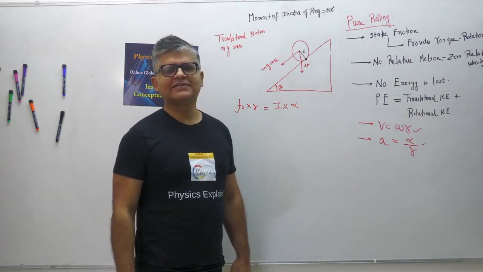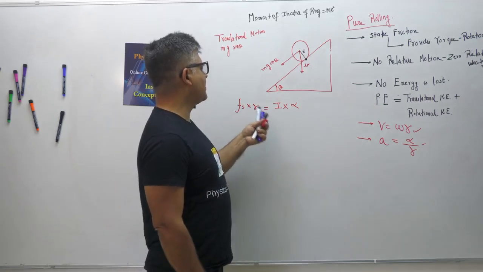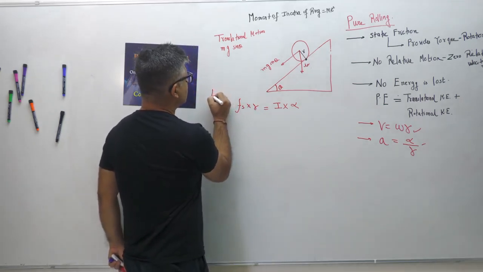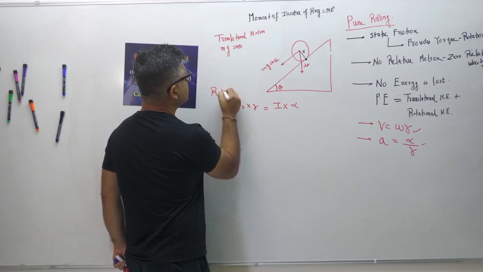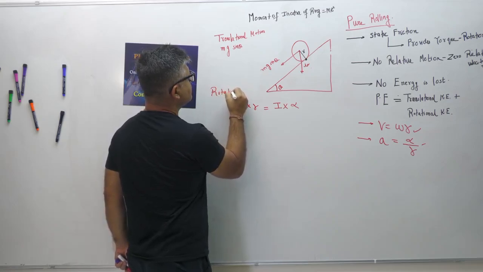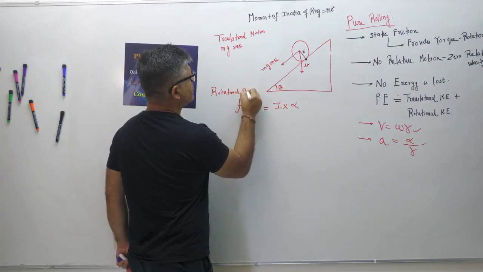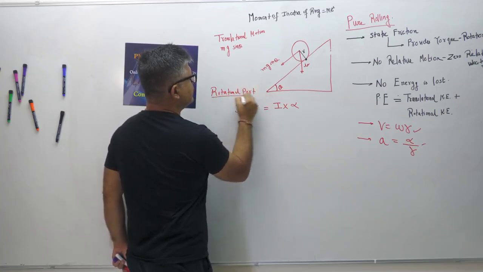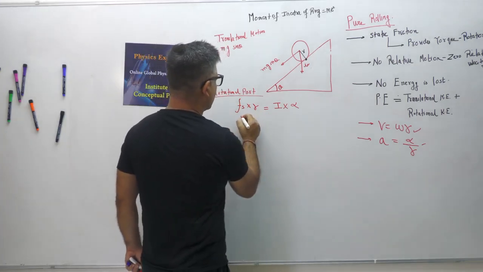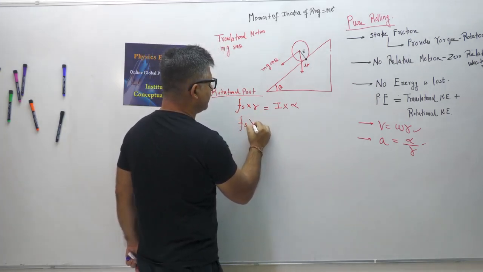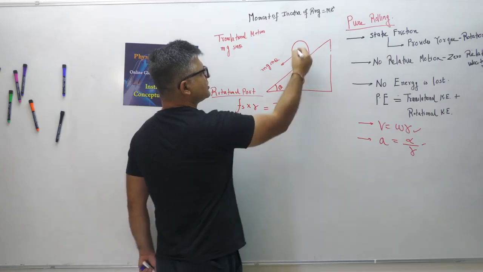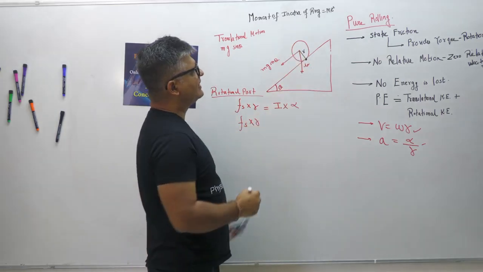I hope this makes sense, right? Now I'm writing the rotational part. So alpha, static friction multiplied by R, which is the distance from the center.